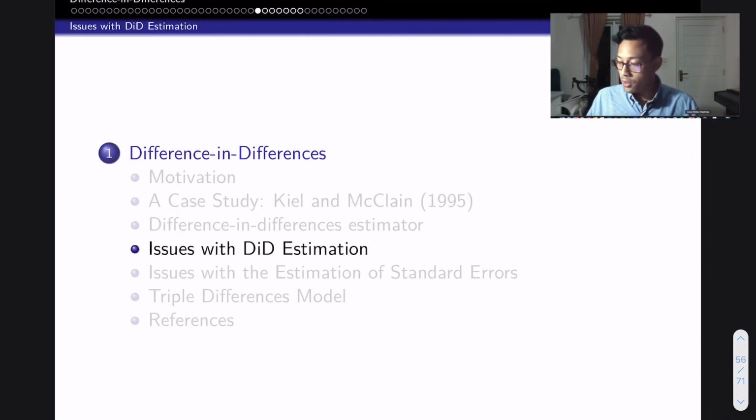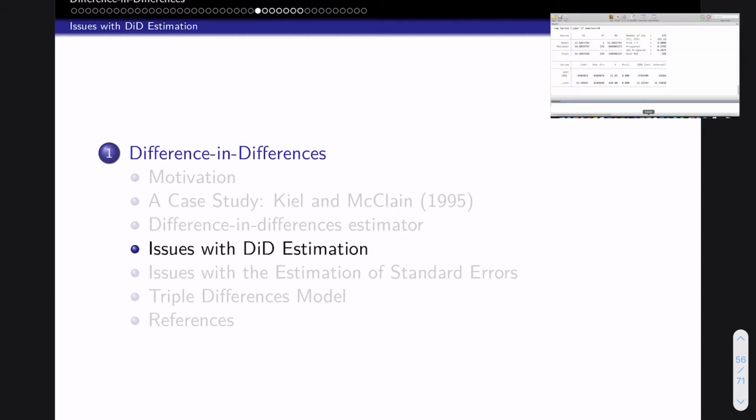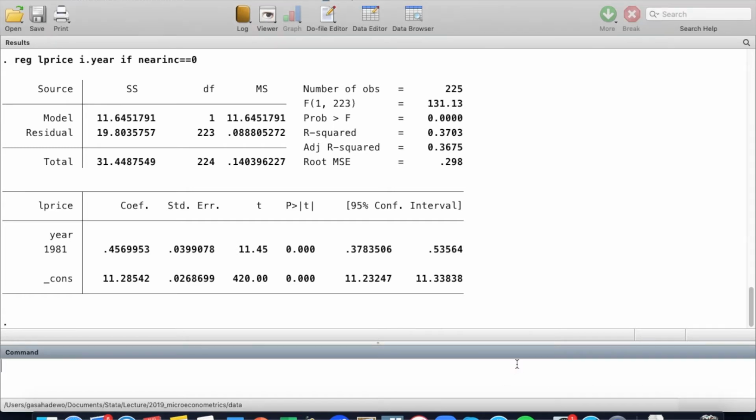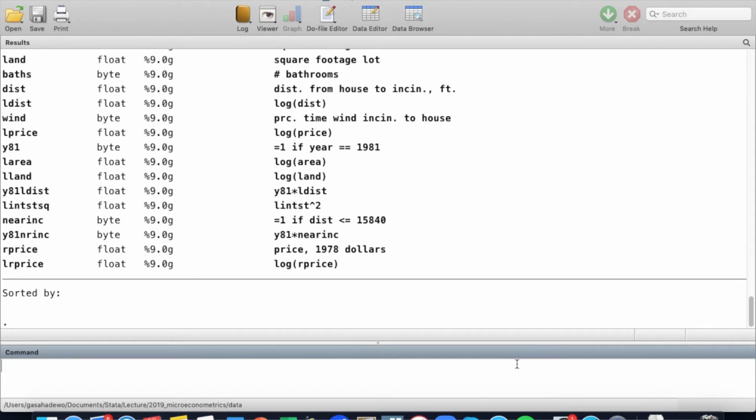Okay, so with that, I'm going to bring you guys back to Stata, and we're going to provide you with an illustration of the different approaches. So let's look again at the variables that are available.